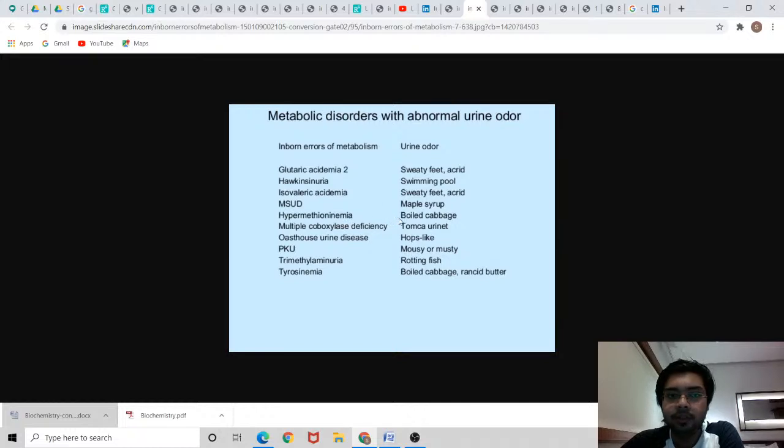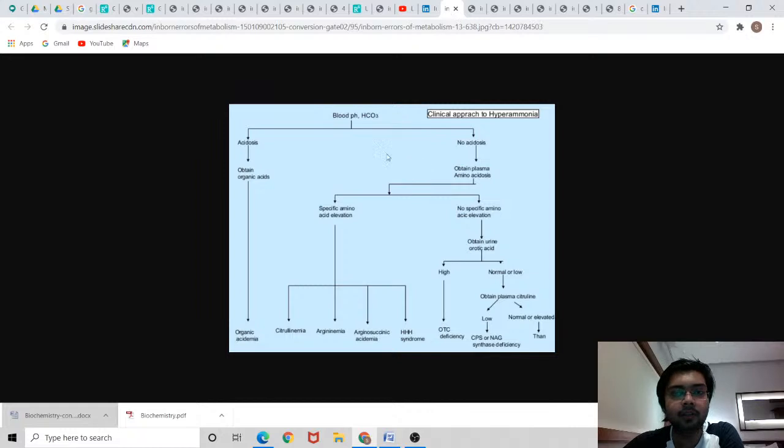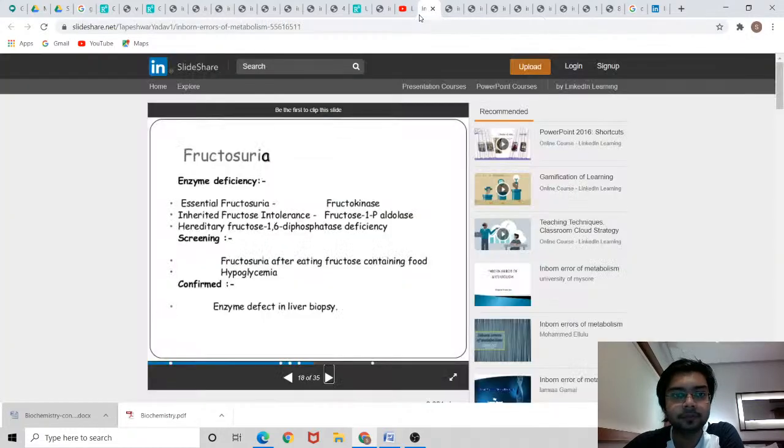Boiled cabbage, you know. Multiple carboxylase deficiency. Phenylketonuria, you know. Rotting fish, trimethylaminuria. Tyrosinemia is again boiled cabbage odor. Okay, so this was about the different odors.